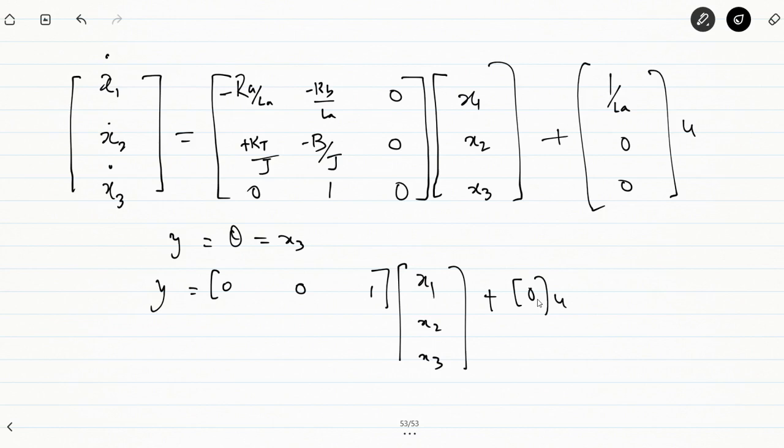In the next case we were looking for the control of the position of the DC motor. And since the earlier state space model was not giving us any information about the position, we had to derive a model that would give us the rotor position of the separately excited DC motor as well.